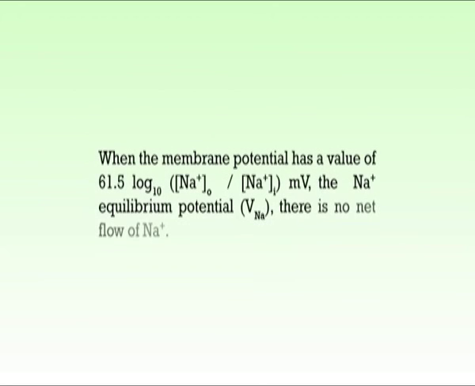Similarly, when the membrane potential has a value of 61.5 log base 10 of the outside concentration of sodium ions by the inside concentration of sodium ions, in millivolts, it is the sodium ion equilibrium potential, V sodium. There is no net flow of sodium ion.